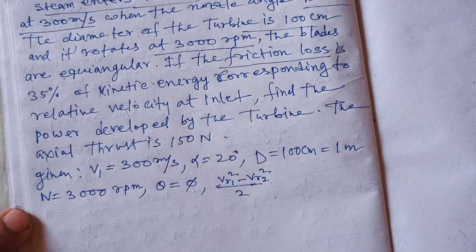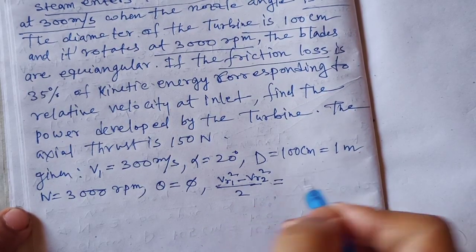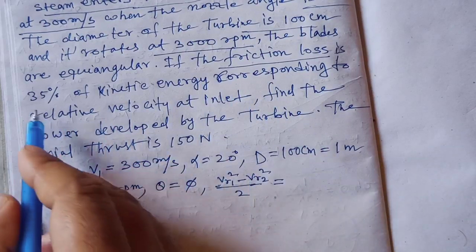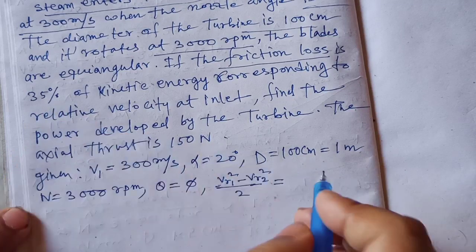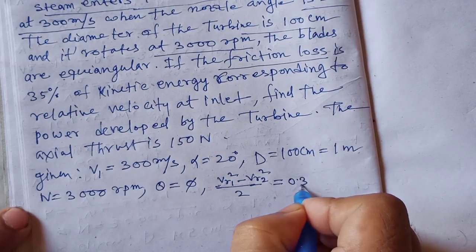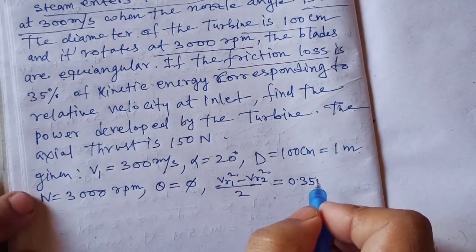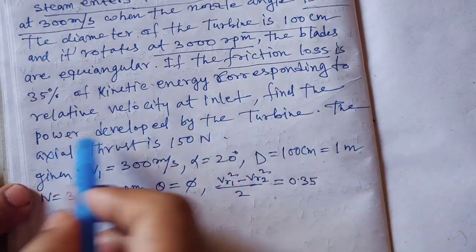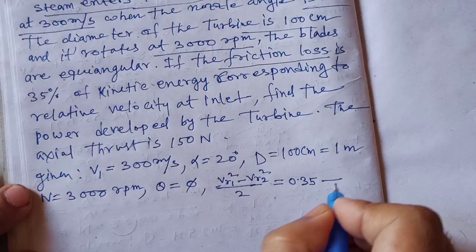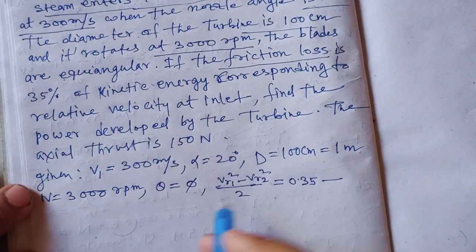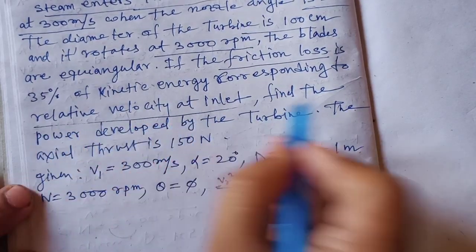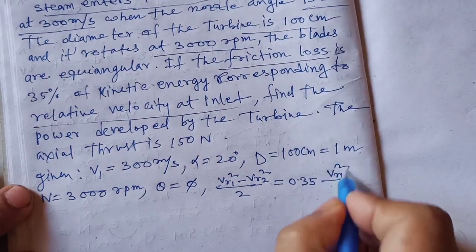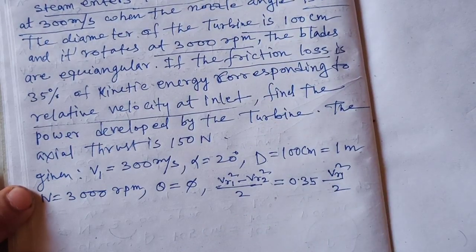This equals 35%, that is 0.35, of the kinetic energy of relative velocity at the inlet, that is VR1 square by 2.